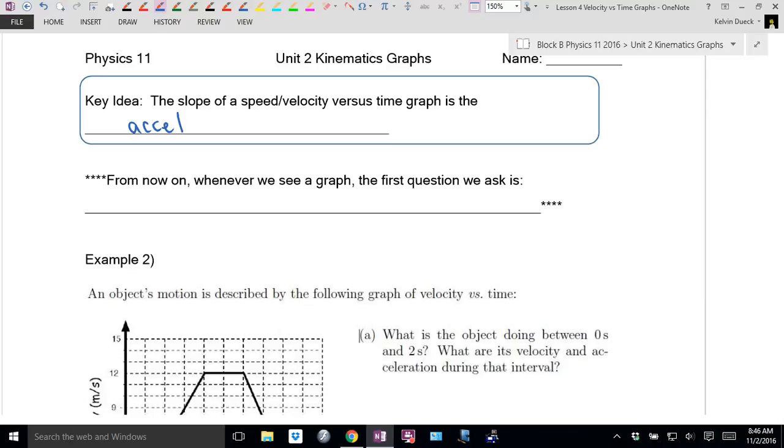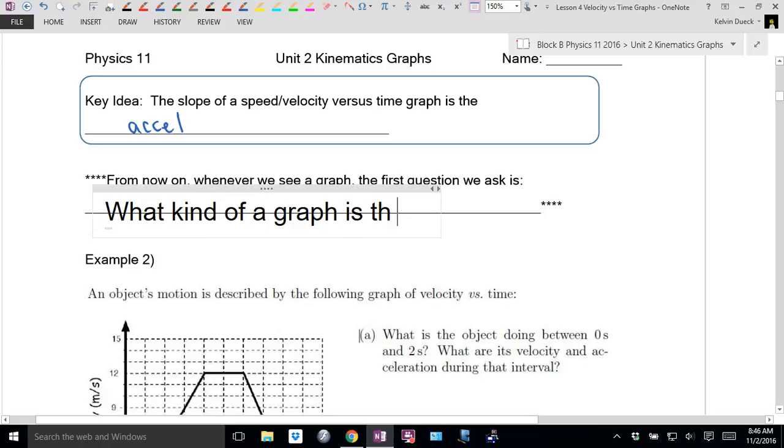From now on, I said this earlier, but I'll repeat myself because you're teenagers. Whenever we see a graph, the first question we ask is: make sure you ask what kind of a graph this is.